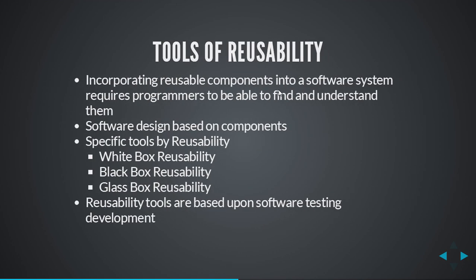Tools of reusability. Incorporating reusable components into a software system requires programmers to be able to find and understand them. When new software is designed, the parts of the software that can be implemented using existing components should be identified, and they should be sourced and effectively used in the software.